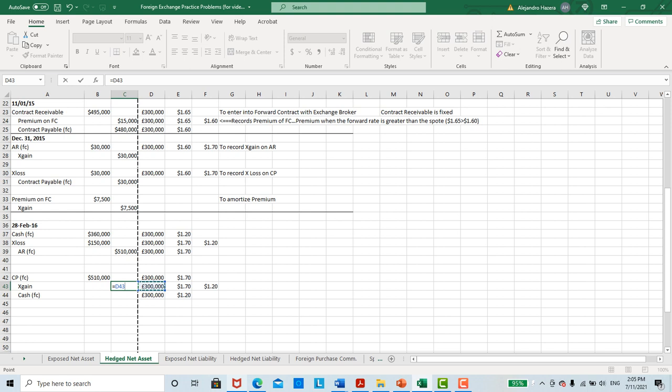It's going to be 300,000 times the difference between $1.70 minus $1.20, 150,000, and then your cash that is worth 300,000 times $1.20 gives you 360,000. Now notice that all the gains or losses on the account receivable are offset by gains or losses on the contract payable, because it's the exact same pounds.